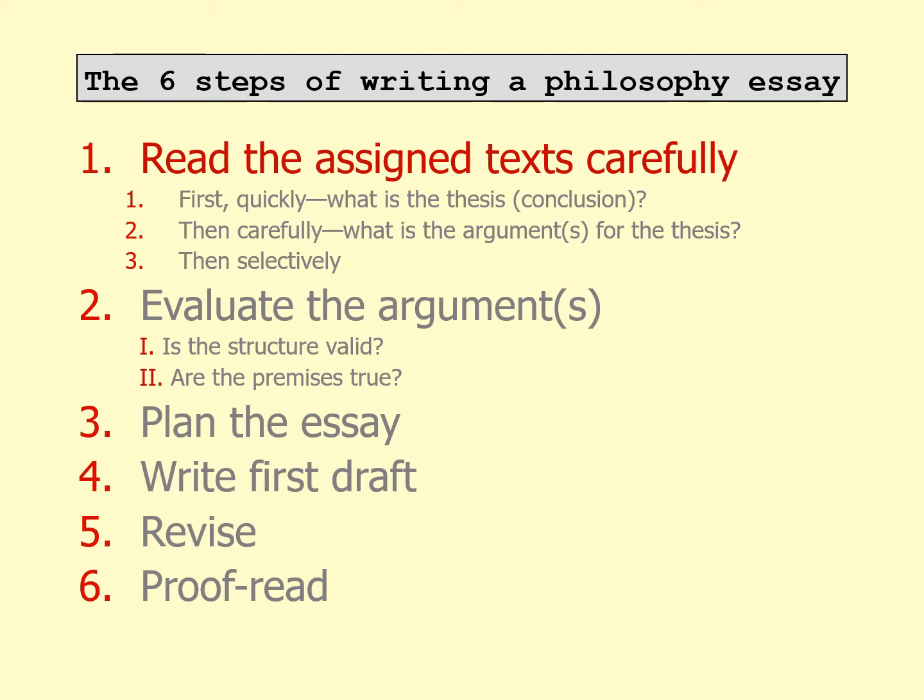We focused on finding arguments in an assigned text. We saw the importance of paraphrasing for separating arguments from the rest of the text. I showed you how an argument can be broken into its premises and a conclusion, or thesis, and what the difference between a deductive and inductive argument is.